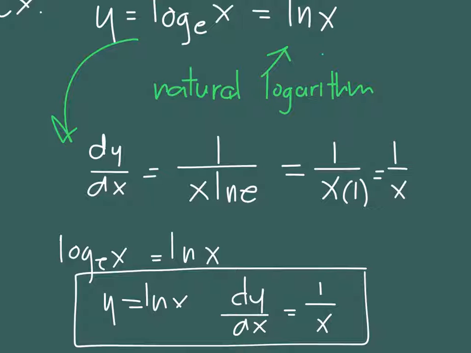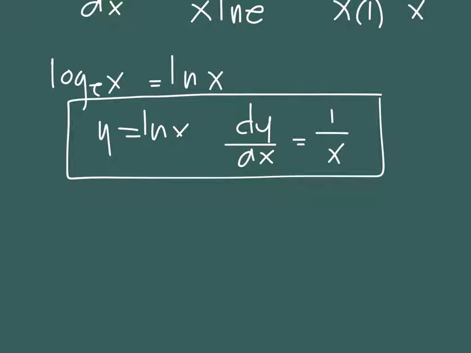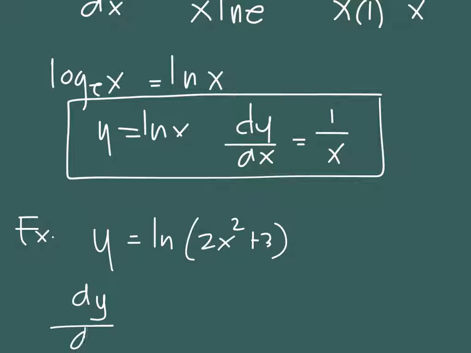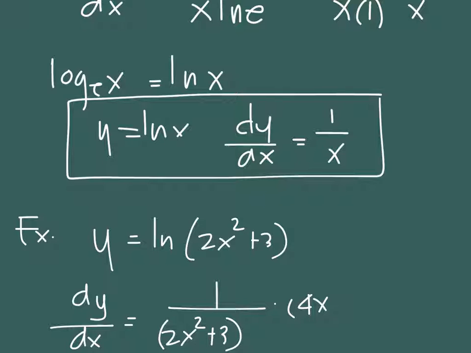So if I have y equal to ln of 2x squared plus 3, then dy over dx is equal to 1 over 2x squared plus 3, times the tail. There's no more ln e, so it's 1 over 2x squared plus 3 times 4x, and the 3 will just be 0. Derivative of 3 is 0, constant.